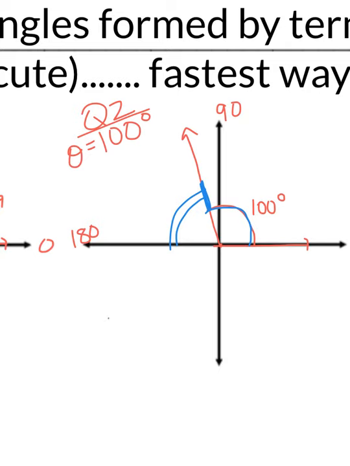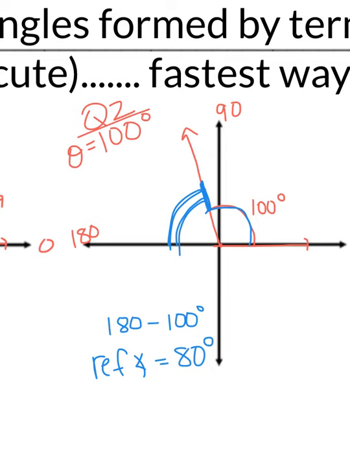So you would do 180 minus 100 degrees to figure out what this piece in blue is. So in quadrant 2, well, not always, but if your angle is 100 degrees, the reference angle is 80 degrees, because you would have to go another 80 degrees to get to the x-axis.